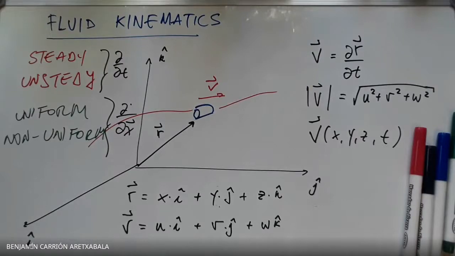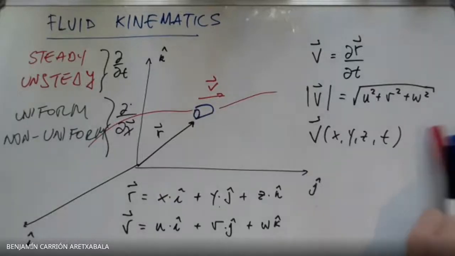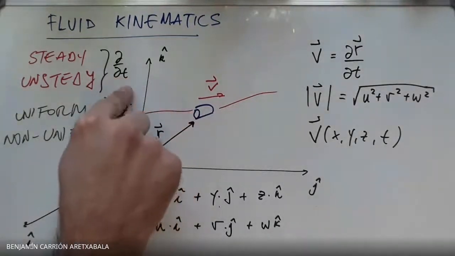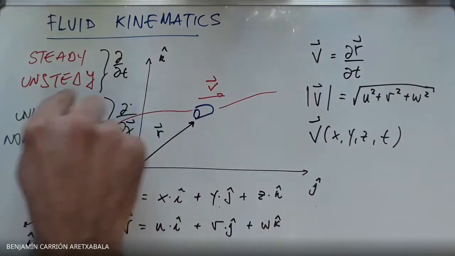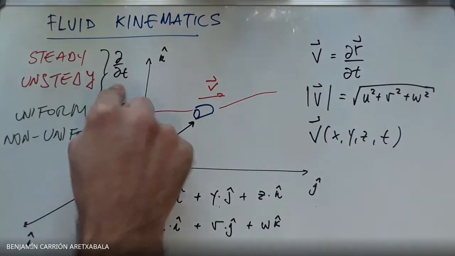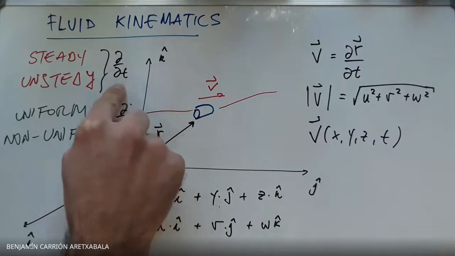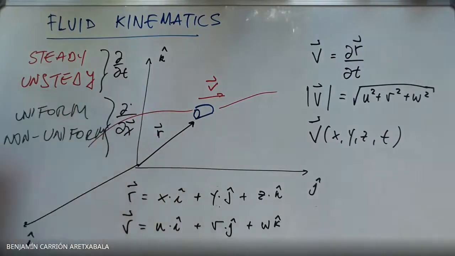So we have those two examples. So formally, for steady flow, the derivatives with respect to time are going to be 0. And if it's unsteady, the derivatives are going to be different from 0, right? You should note that this applies at one point.